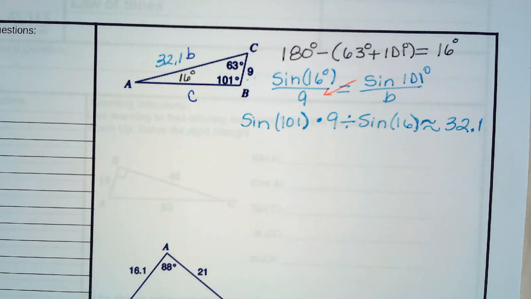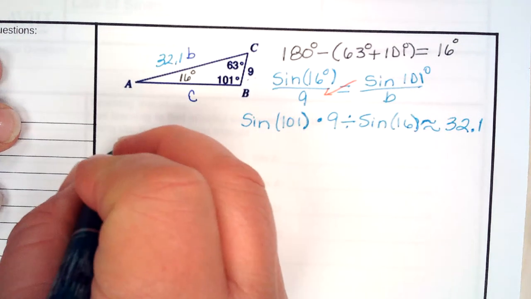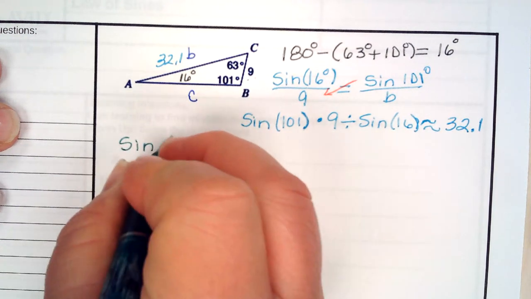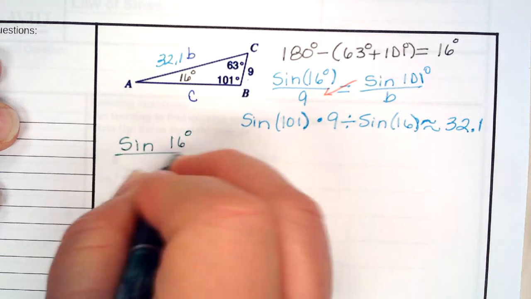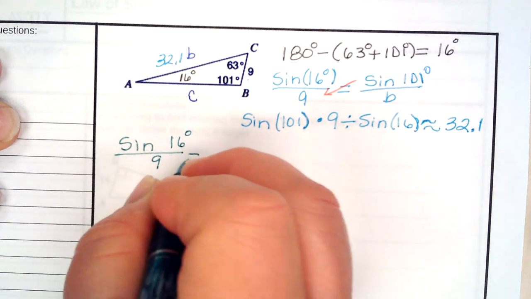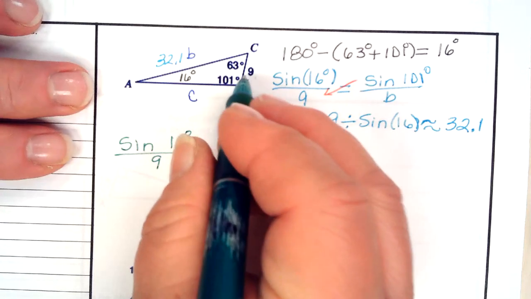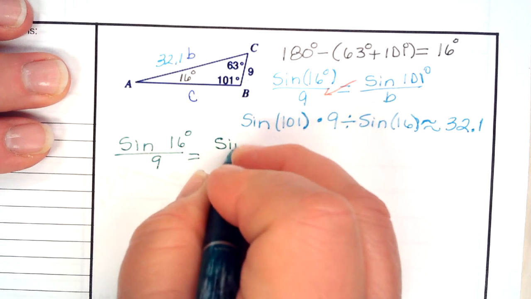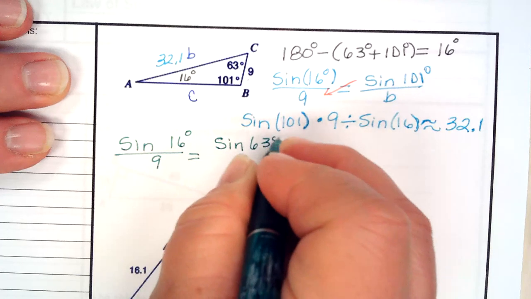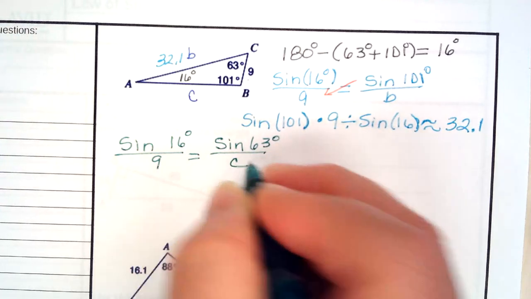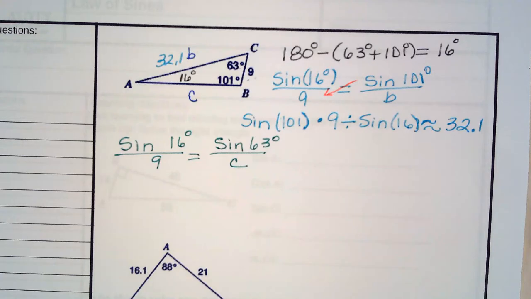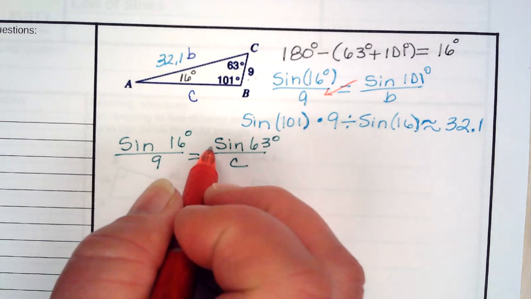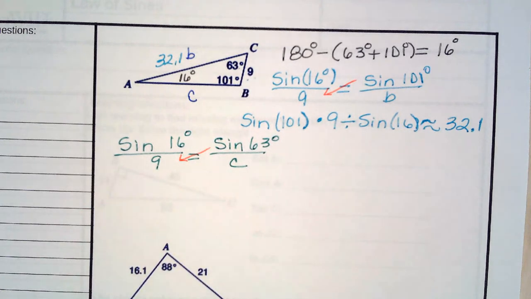Okay, now what about C? Well, it's the same thing. You start with the sine of 16 degrees over 9 is equal to, this time my angle measure is 63, the sine of 63 degrees over C. Multiply and then divide.